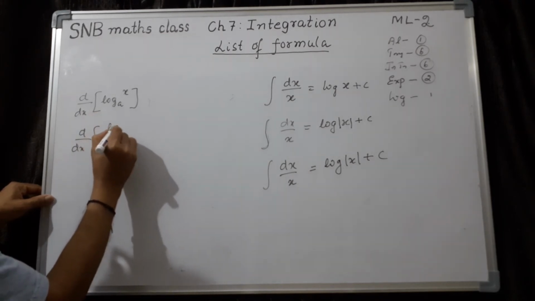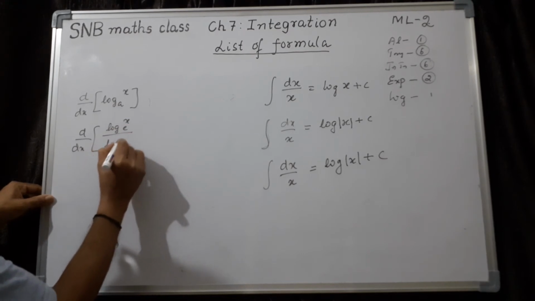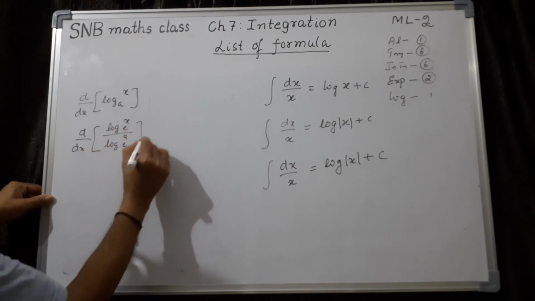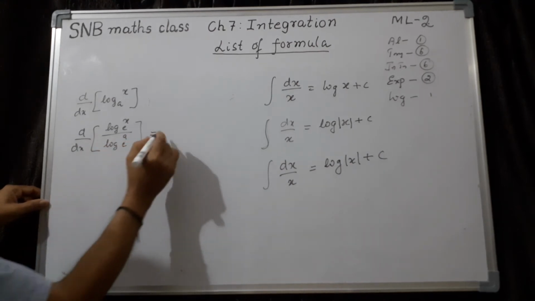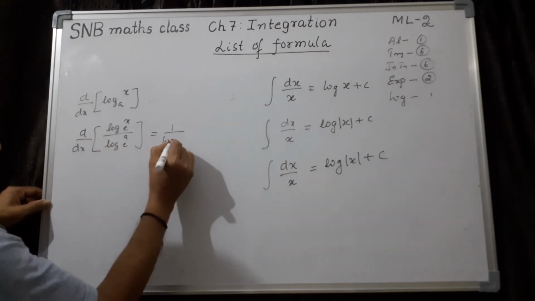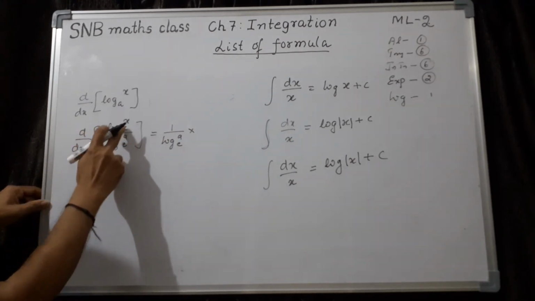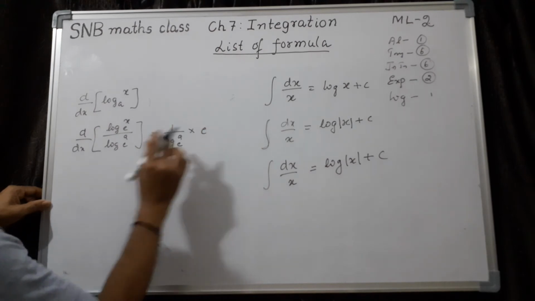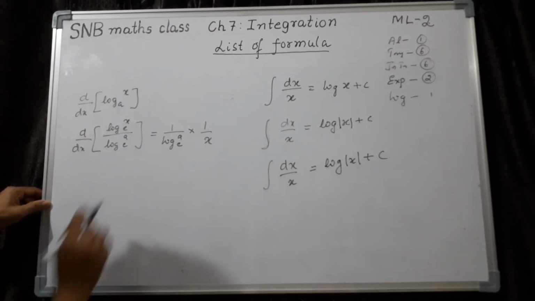So we take log x to the base e divided by log a to the base e. Now log a to the base e is constant, I can take out 1 by log a to the base e into the differentiation of log x, which is 1 by x. This is 1 by x.